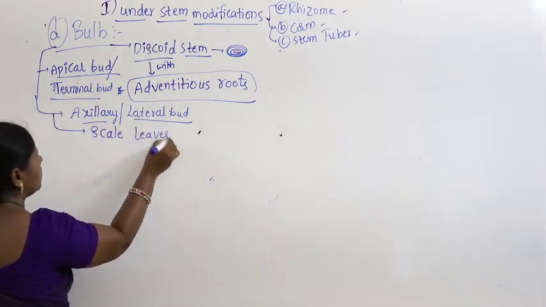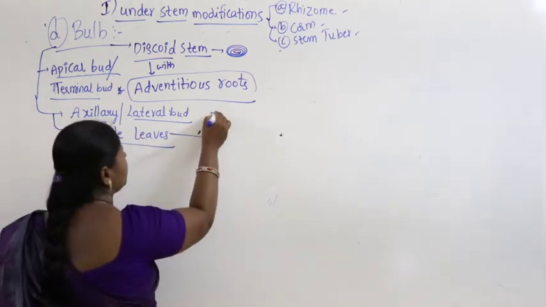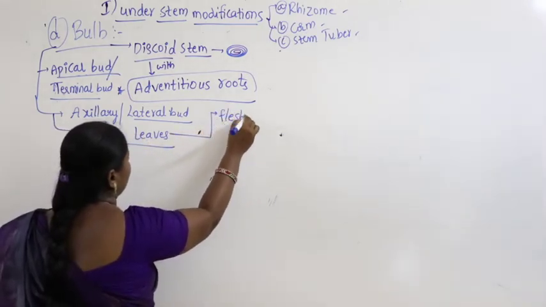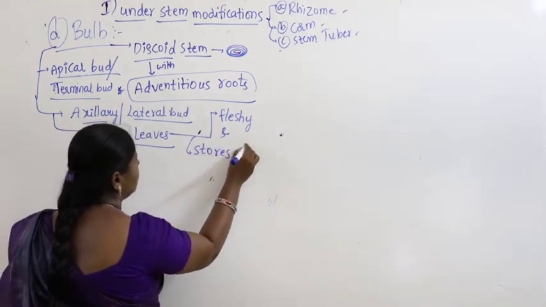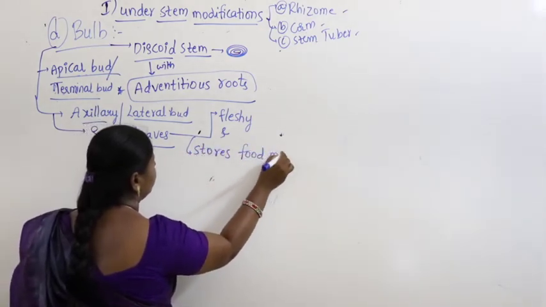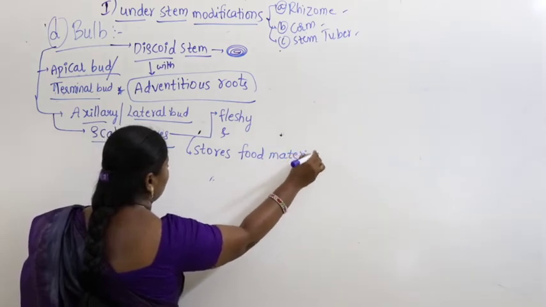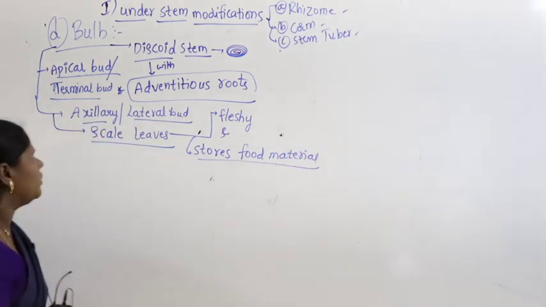In this case also, scale leaves become fleshy and store food material. Don't worry, I will show it in the diagram.